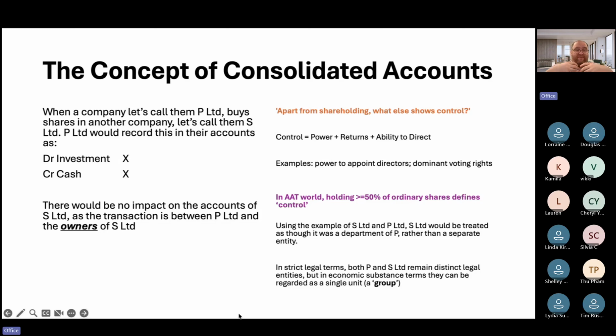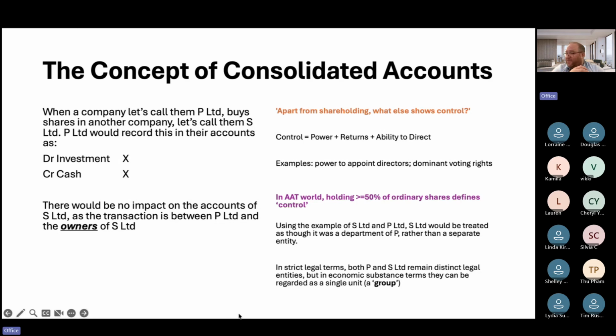Do they have power to control decision making within that business? Do they have the ability to get a return on investment? So, is there the ability for them to influence the level of returns they get from their investment? And then do you have the ability to direct that business in certain directions? And together that forms this concept of control.